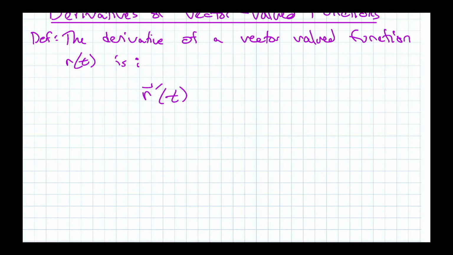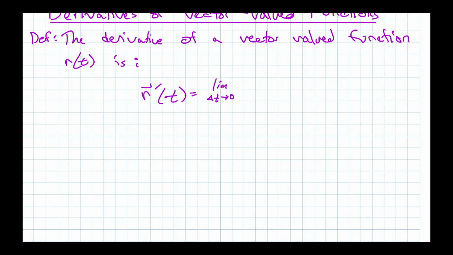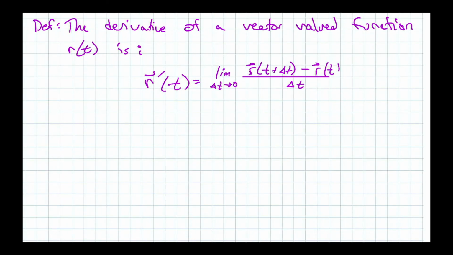So r prime, and it's going to be a limit as delta t goes to 0. Could have used an h, but the book uses delta t. r of t plus delta t minus r of t, that's a vector, over delta t. So there you go. That's exactly the same definition from calculus 1, pretty much, right? And that's, of course, provided the limit exists.